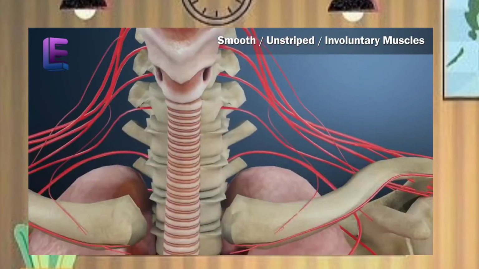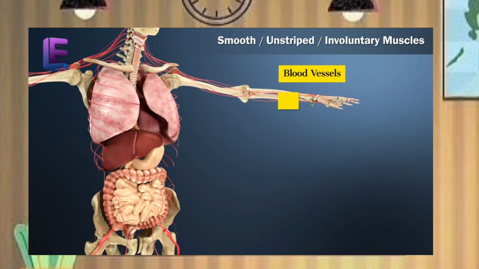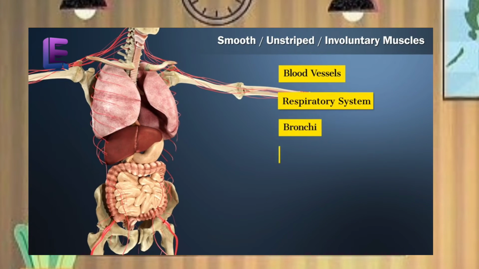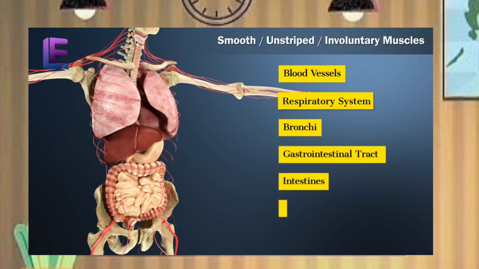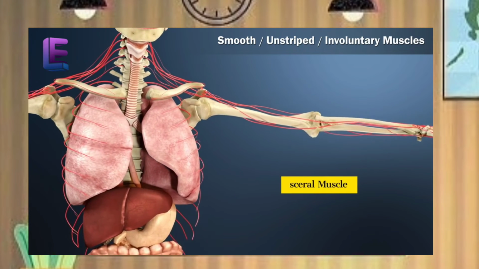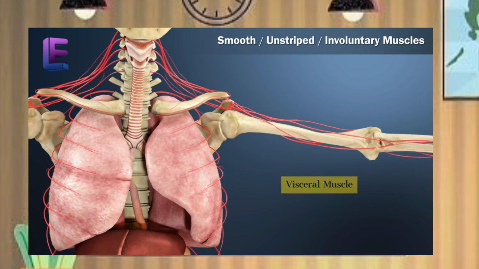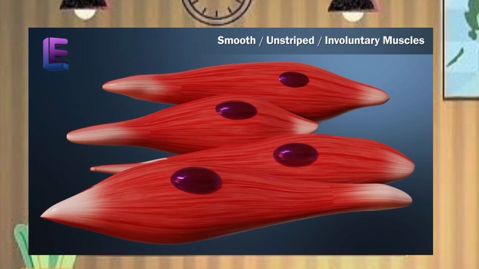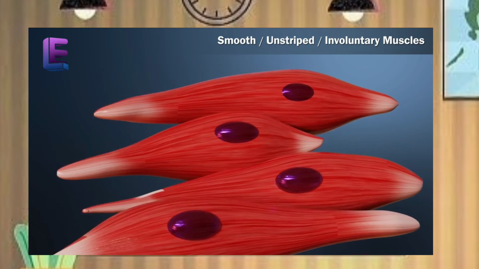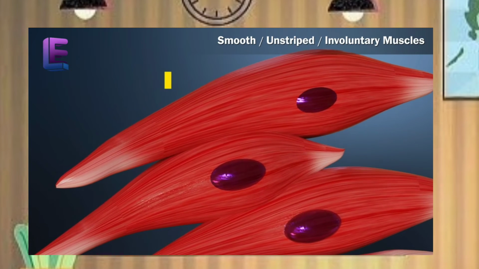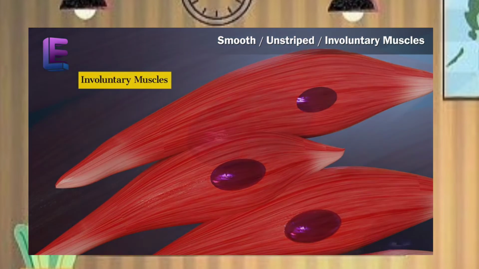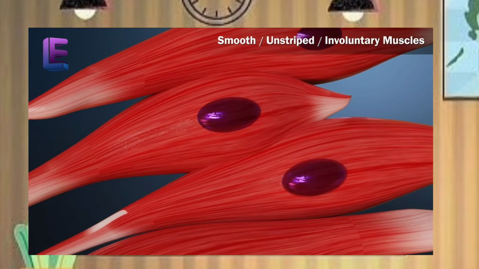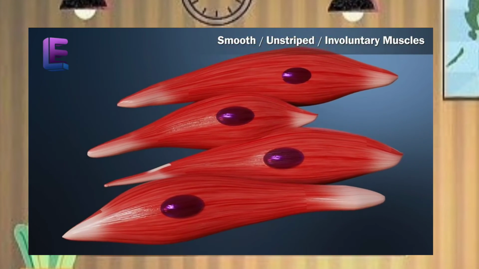Such types of muscles are found in blood vessels, respiratory system, bronchi, gastrointestinal tract, intestines, excretory vessels, genitals, and other internal viscera. Therefore, they are called the visceral muscles. They don't have striations. Therefore, they are called smooth muscles. They don't act on our will. Therefore, they are called involuntary muscles. They don't tire and can remain contracted for long periods of time.